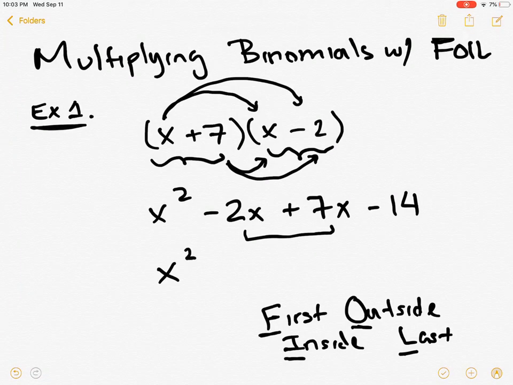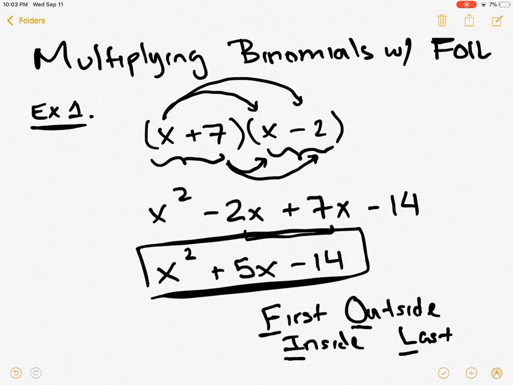Negative 2x plus 7x gives us a positive 5x. Our quadratic term out front, the x squared, and the constant, negative 14, don't change at all. If you notice, when you multiply two binomials together, you end up with a quadratic, or a trinomial, three terms.